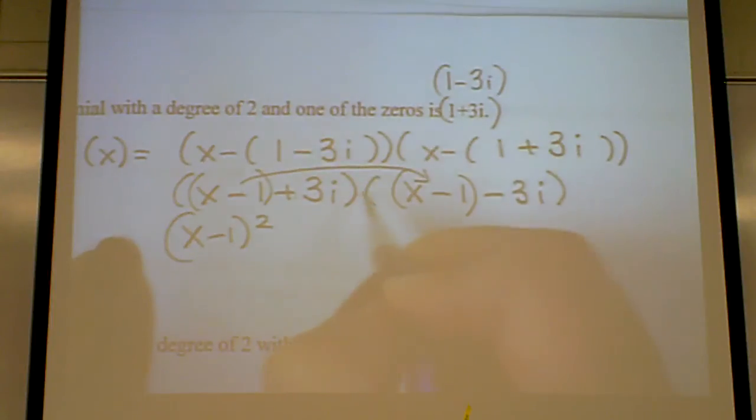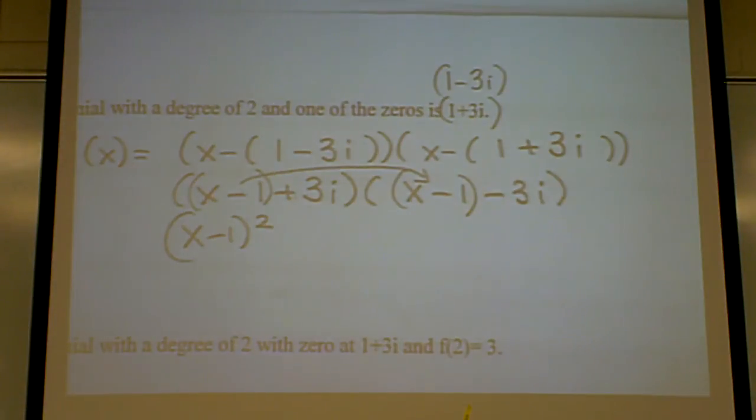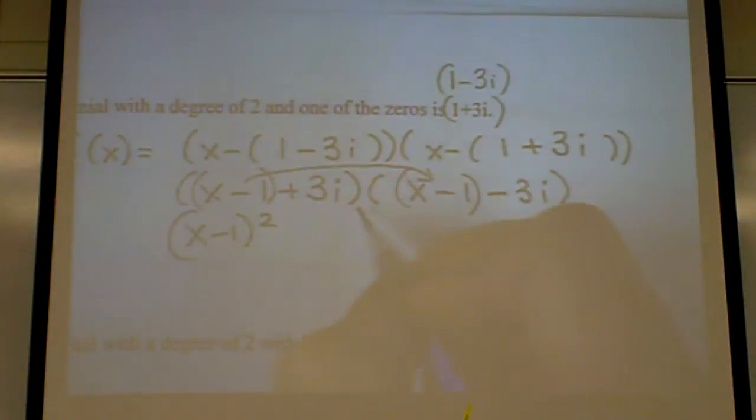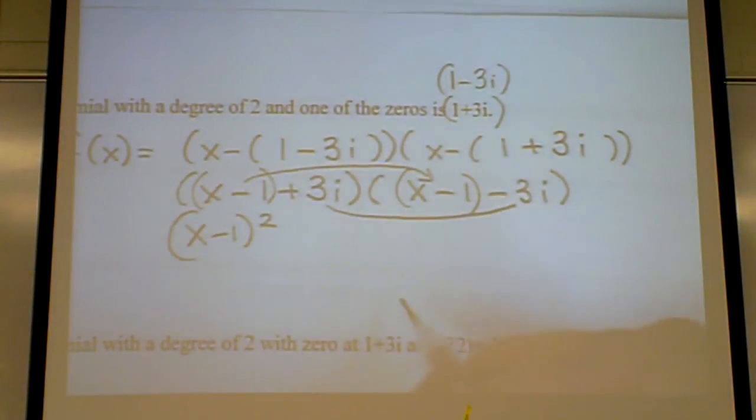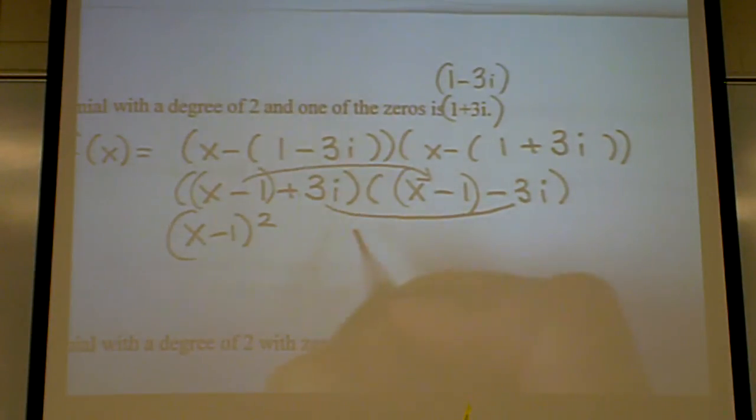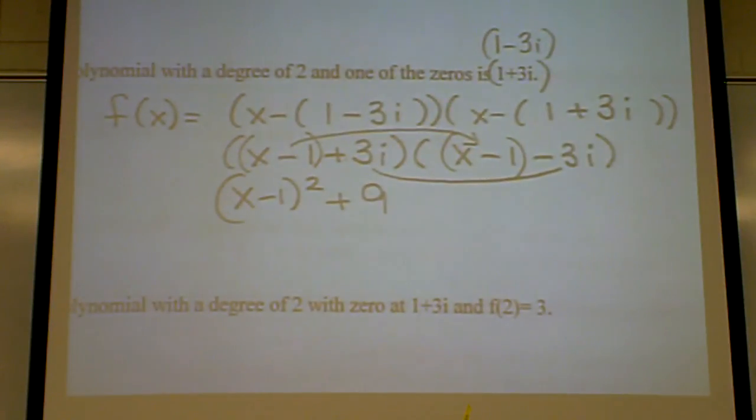The next 2 will cancel each other out. Does everybody see that? Because you have a plus and a minus. Don't do it. And now all you have to do is multiply these 2 out. What's 3i times negative 3i? Isn't it 9? Yep. It's just a 9.